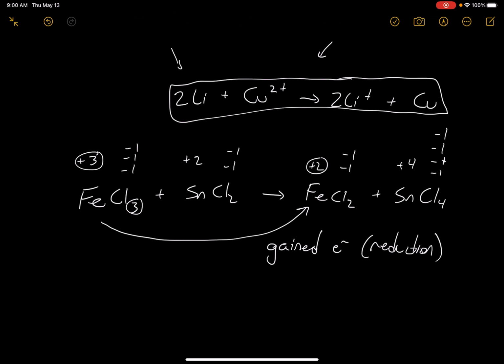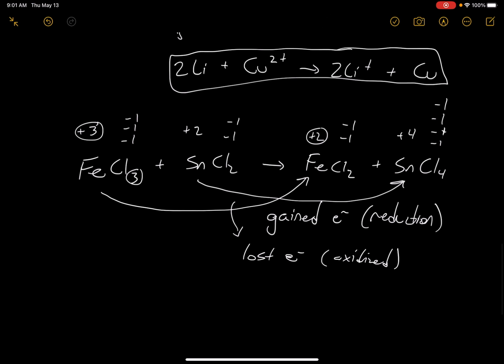And then my Sn went from +2 to +4, and so that just means that it lost electrons, and that is oxidized. And so you can look at this reaction and say, hey, something was oxidized, something was reduced, and so yes, this is a redox reaction.